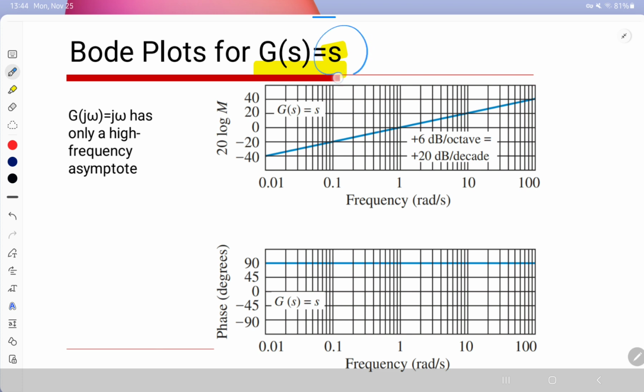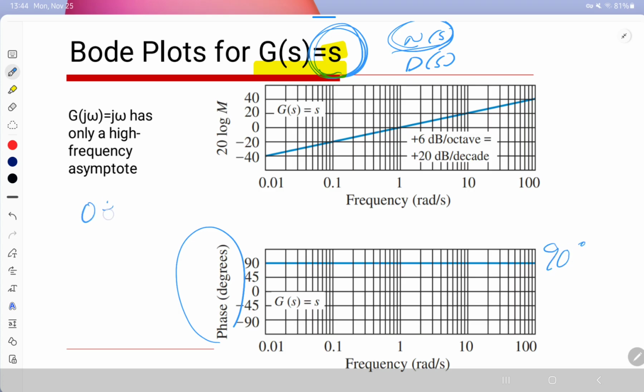And for any S in your numerator, your phase is 90 degrees. Look at it, 0 plus j omega.